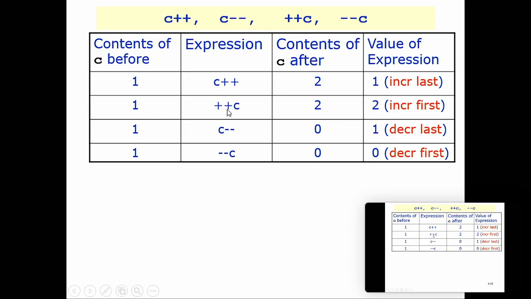Then if you have ++C, pre-increment, C is 2, then you will use this increased value 2. Decrement is same. C minus minus, this is the post-decrement. So use 1 first, and then C is decreased to 0. If you have pre-decrement, decrease it first, and then use it. Any question about these 4 kind of operator, pre and post?